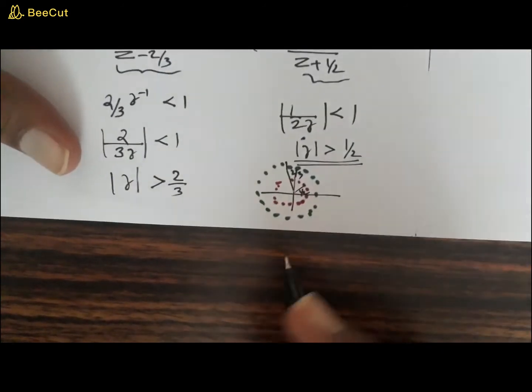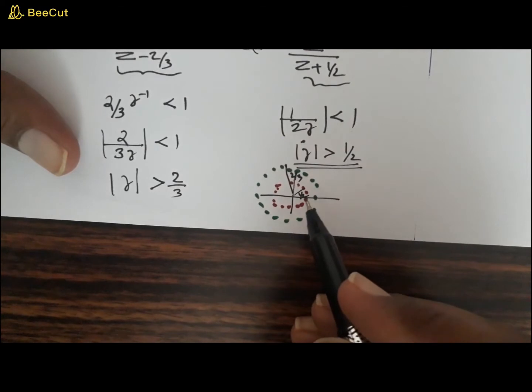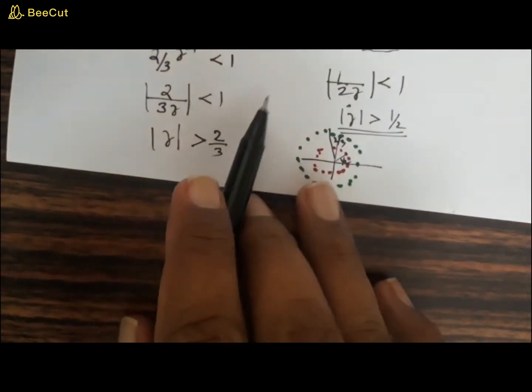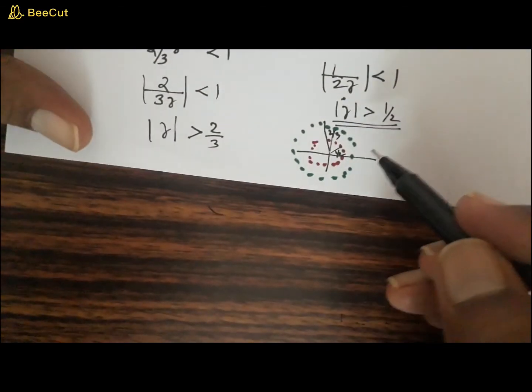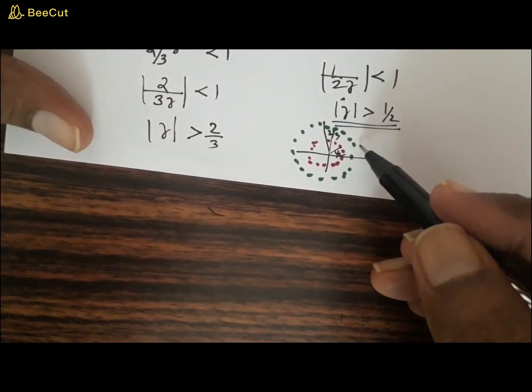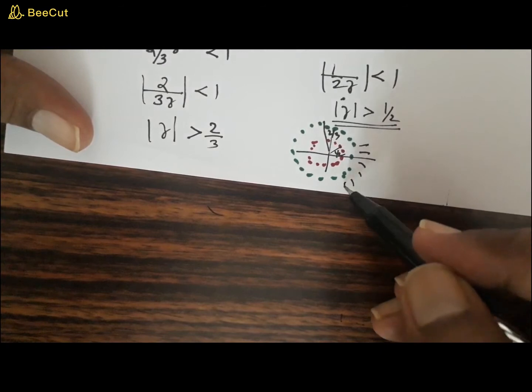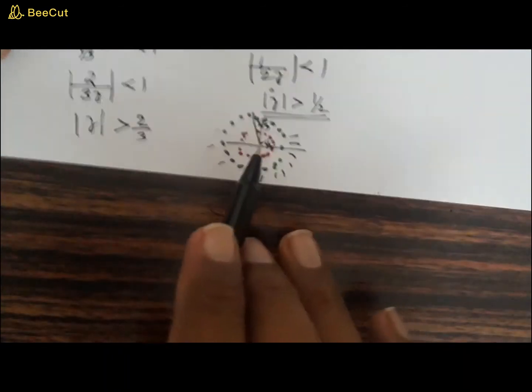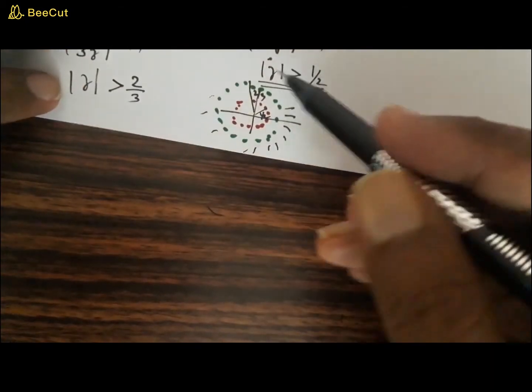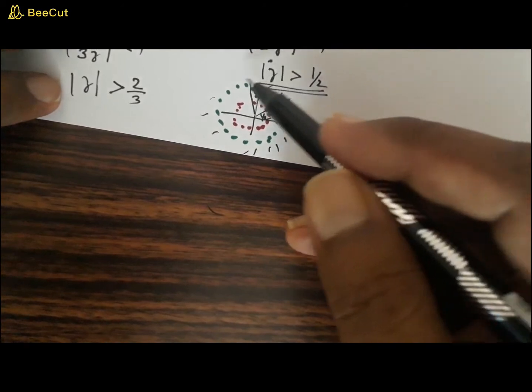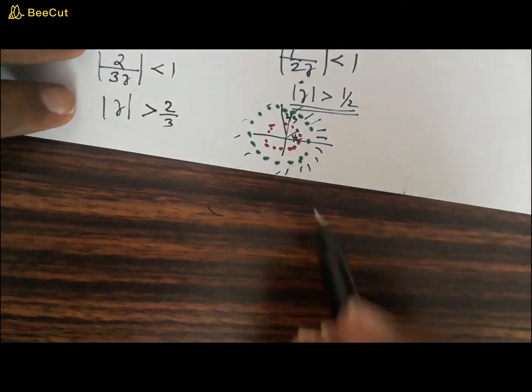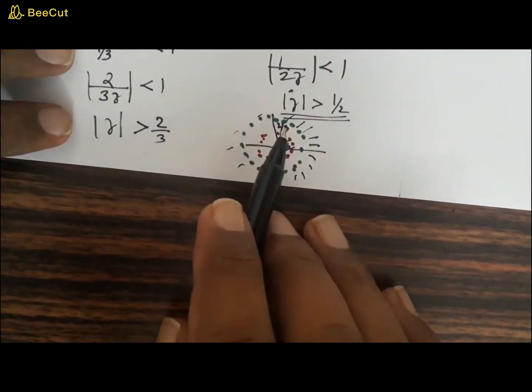So you have two circles with radius half and 2 by 3. Now what does this ROC suggest? For one case it is mod z greater than 2 by 3, that is the exterior portion of this, right? That means this particular signal will have its z transform only for z greater than 2 by 3. That's the meaning. So it is exterior to the circle with radius 2 by 3.